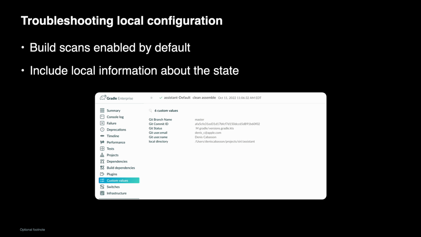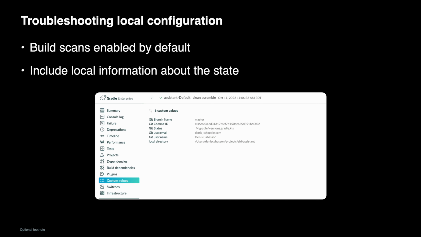We had to work to enhance those build scans to include local information about the state of what you're doing locally. Here is an example of a build scan where you can see that we have added some information about what's going on with Git: what was your original Git branch, what was the original Git SHA, what were the local changes that you made to those files.